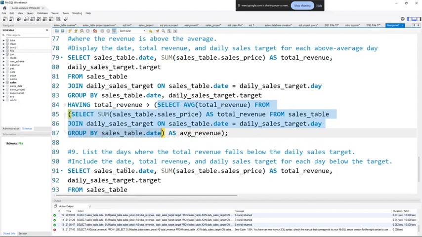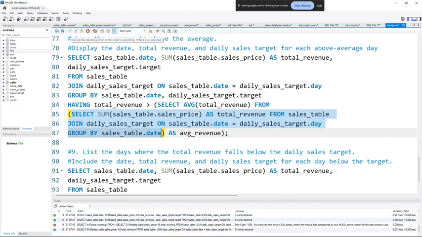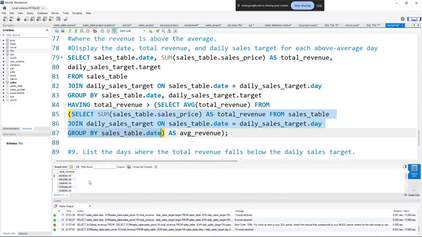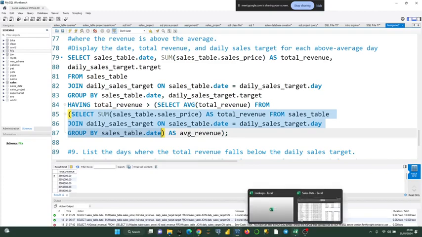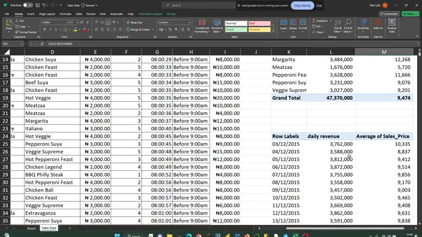Now, if you look, this select statement is giving us this.